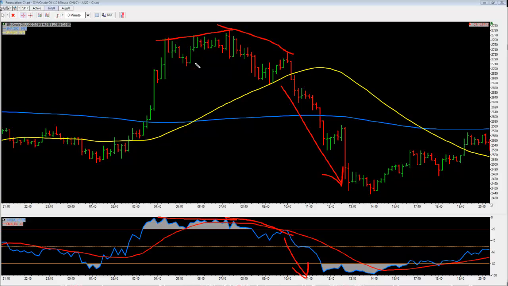I think that you could determine a point where you'd want to be involved in that. And roughly, looking at a 10-minute chart, you'd want to be short right under here. You'd have to be willing to take this risk coming up, but you could have caught it roughly in here and not have as much risk involved in the market.